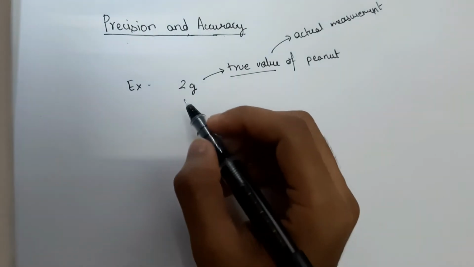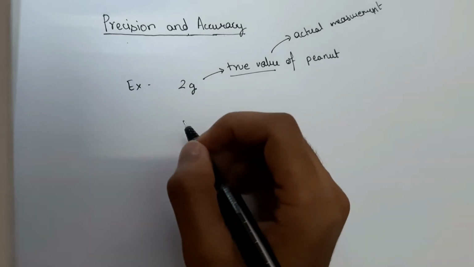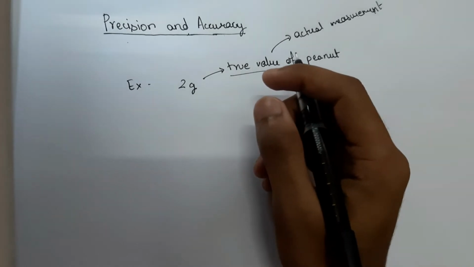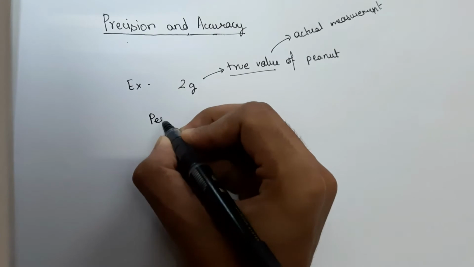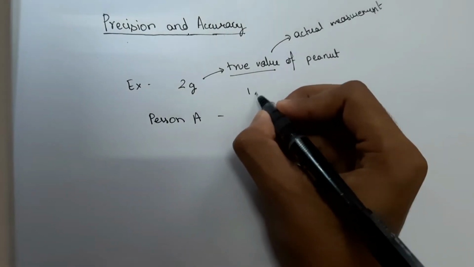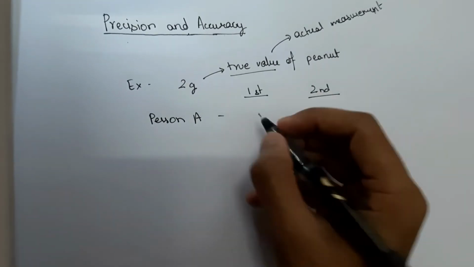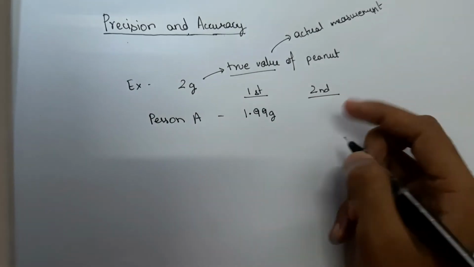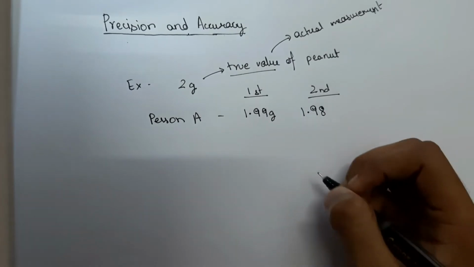Let's say that there are two people who are measuring this peanut, and both the people are getting different values. They are measuring the peanut multiple times, more than one time at least. So let's say person A measures the peanut in his first attempt and in his second attempt. In his first attempt, person A got the value 1.99 grams, and in the second attempt he got the value 1.98 grams.